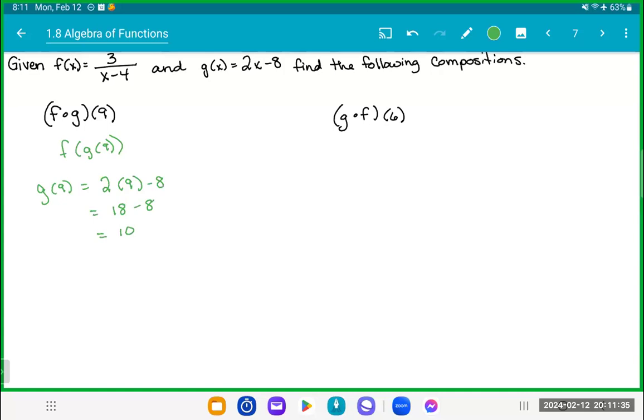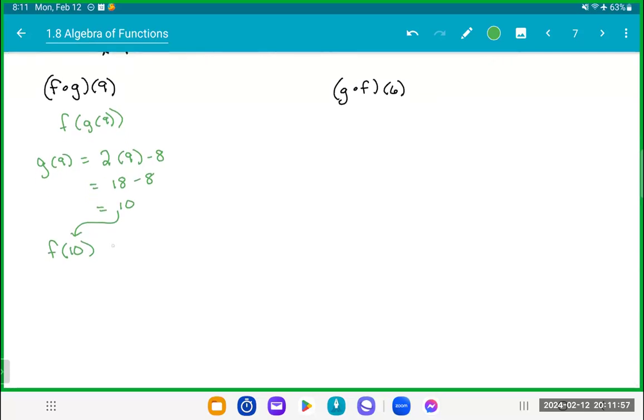Now we're going to evaluate f at 10, because we're substituting that in, since we were looking at f of g of 9. Well, g of 9 is 10, so we're looking for f of 10. Does that make sense?